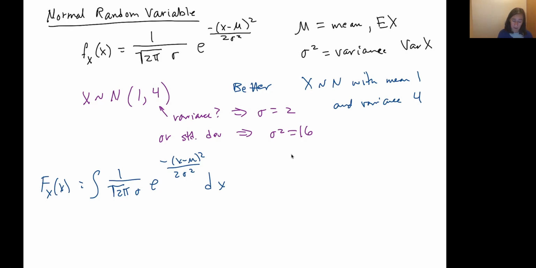Some good news, though. I'll go to another page here. I'll write out the slogan version of the good news, and then we'll talk about what it means. The slogan version is that linear transformations preserve normality.